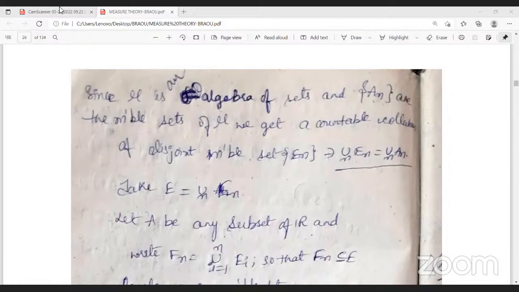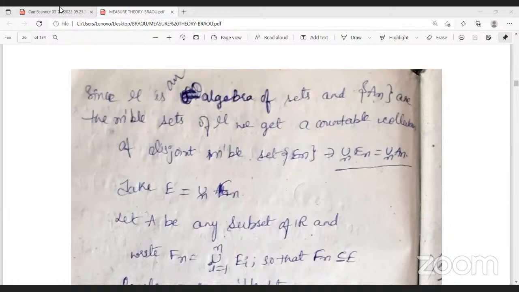And clearly this is equal to En plus 1 union Fn. Your Fn definition, what is that? En minus En plus 1. This is possible since E is a subset of E1 and En plus 1 is a subset of En, since this is a decreasing series.